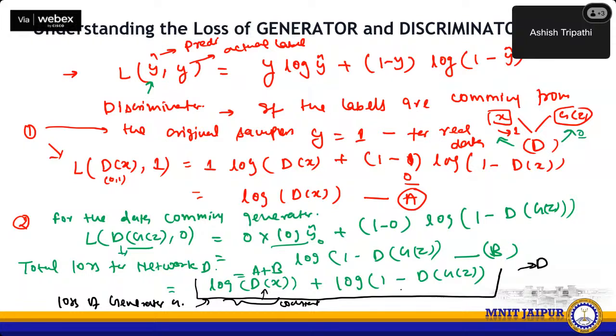So the loss of generator will depend upon this second factor, that is log of 1 minus D of G of z. This is about the generator. So loss of generator will be, I am writing here at the top, which is already written in the next slide, log of 1 minus D of G of z. Because in equation A, there is no role of generator, but in the second part, there is a role of generator, because the value of the second component G of z is dependent on the generator network. Got it?